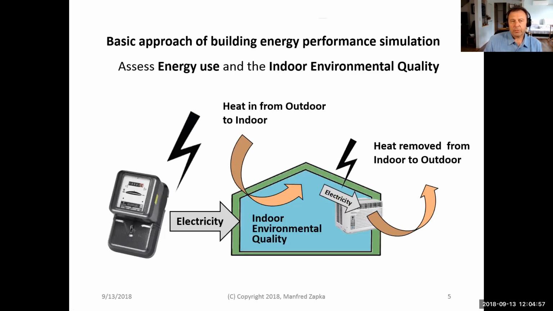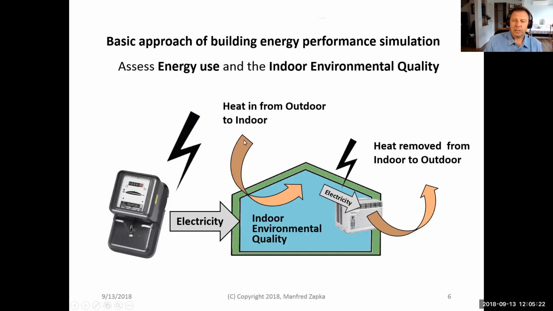So when we speak about the whole house simulation, we have to have two things. One is that we are looking at the electricity which is provided to the building for direct use. And then we have something which is mostly the secondary concern here, but also very important, which is how the building is performing in terms of heat.